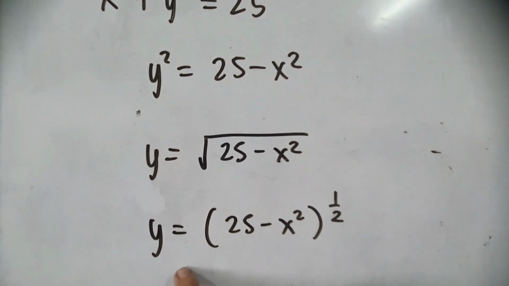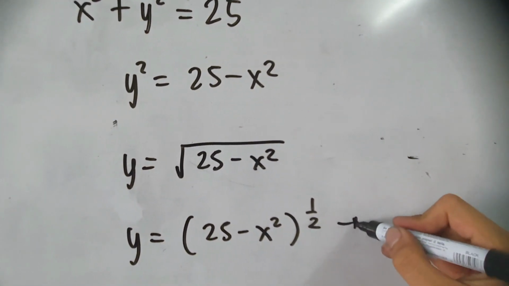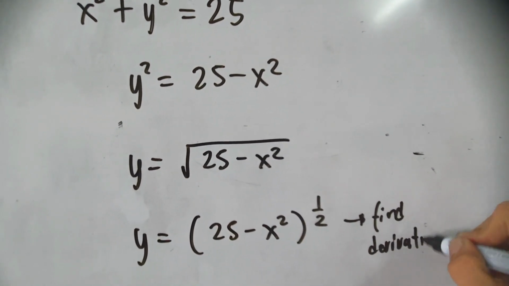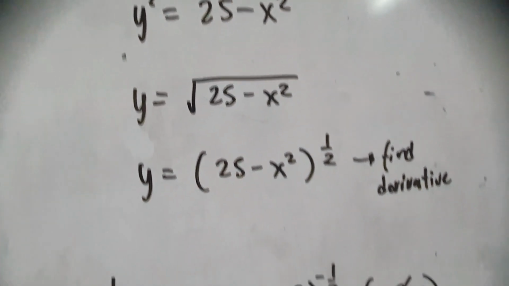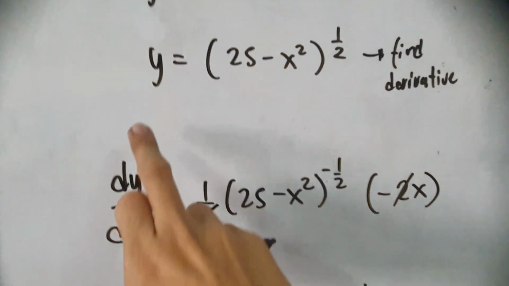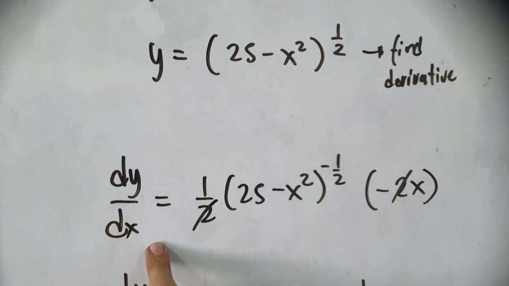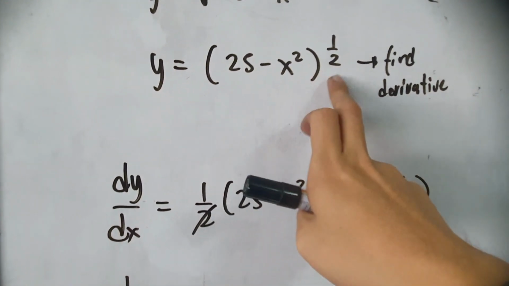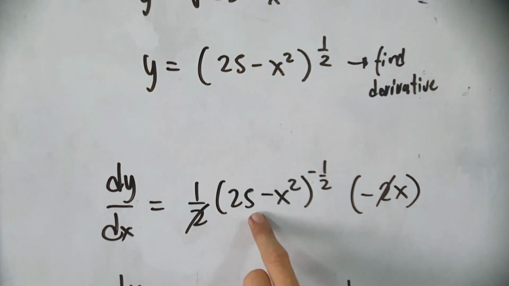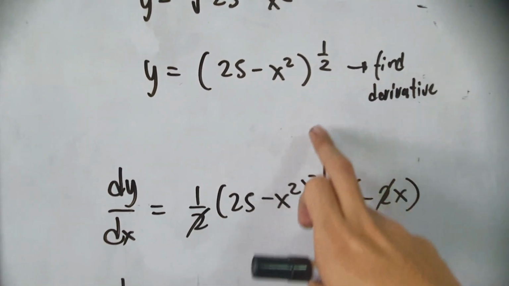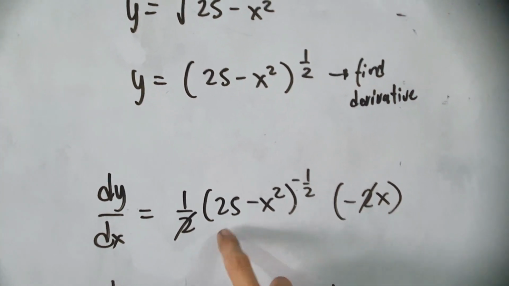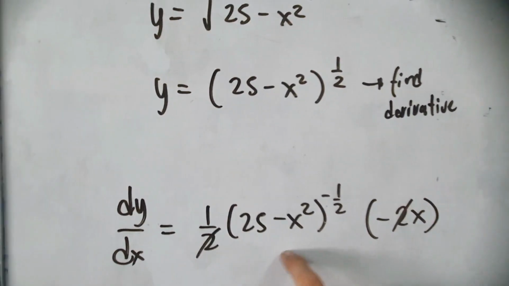So we can now find the derivative. Okay, so applying chain rule, dy over dx is now equal to 1/2 quantity 25 minus x squared, 1/2 minus 1, that is negative 1/2, times the derivative of the inside, the derivative of g of x.